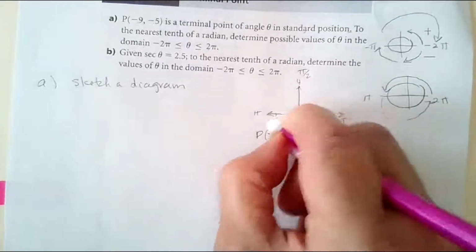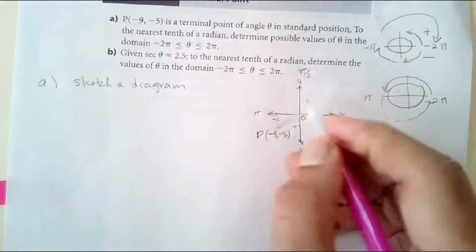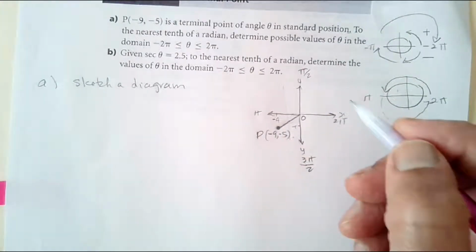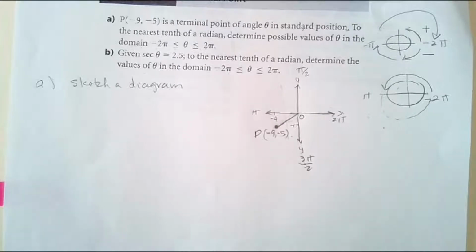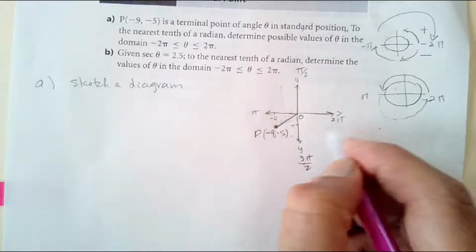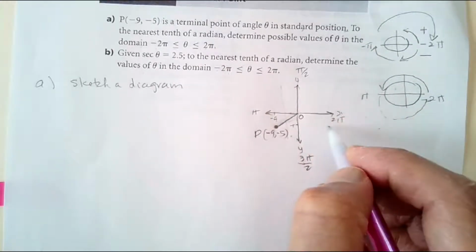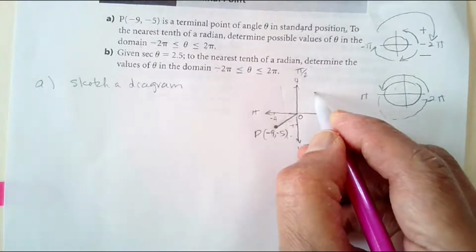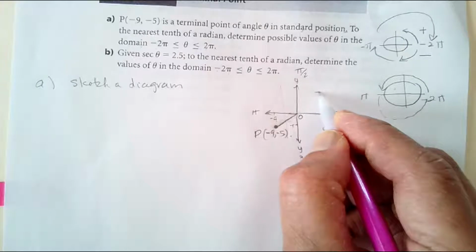Now I'm just going to make this a little bit thinner. Now, remember your CAST rule: all the trig ratios are positive in this one here.